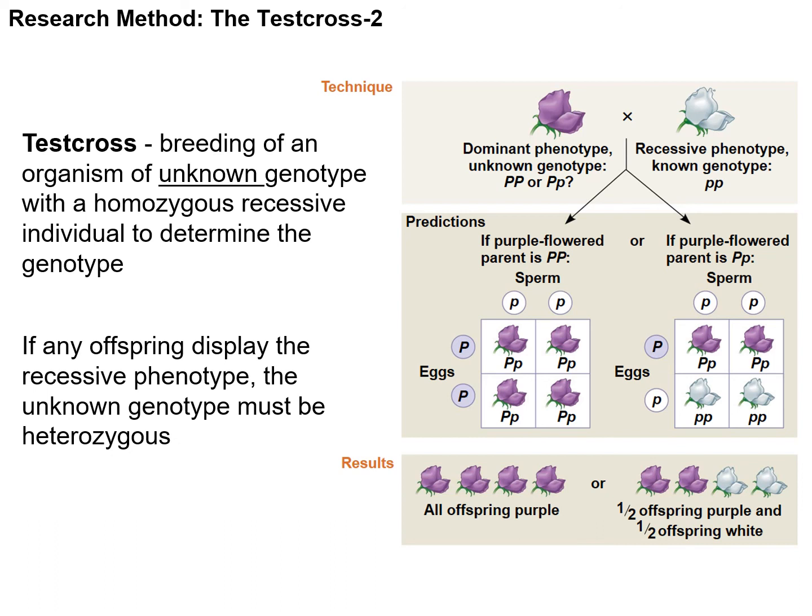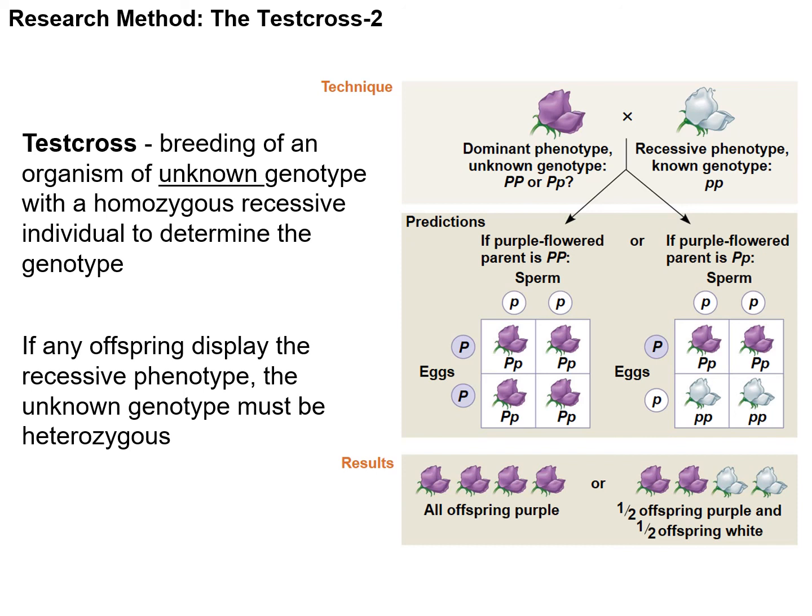If all of the offspring have purple flowers, then the purple flowered plant must be homozygous for the dominant allele, because a homozygous dominant crossed with a homozygous recessive produces all heterozygous purple offspring. But if the purple and the white phenotypes appear among the offspring, then the purple flowered plant must be heterozygous.